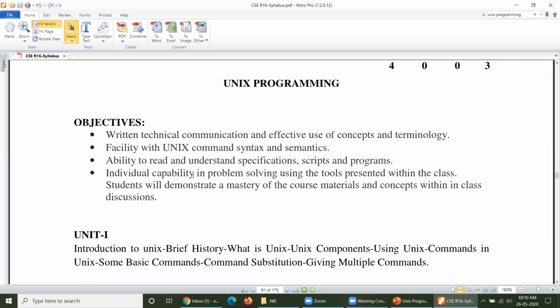And finally, how to handle a particular system by considering different kinds of commands in Unix, different kinds of system programs, and different kinds of system calls and signals in Unix. All these things are supposed to be learned and known by us through this particular course. This is the basic point we are supposed to take into consideration.